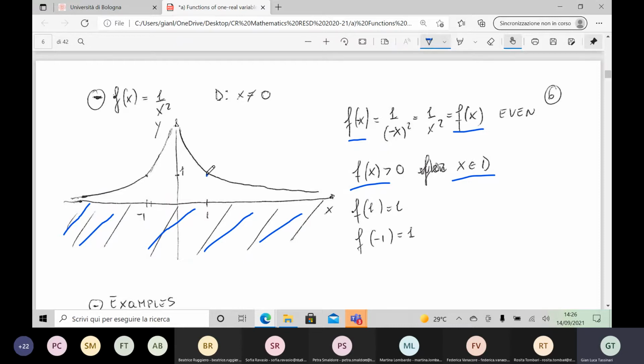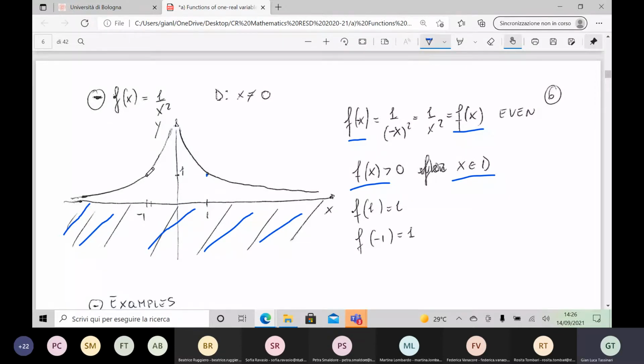Since this function is symmetric with respect to the vertical axis, when x is equal to minus 1, which is the symmetric of this point, which is the value of f of x? It should be 1. In fact, if you compute f of minus 1, that is f when x is equal to minus 1, f of minus 1 is 1 over (minus 1) to the power 2, which is equal to 1. So it passes through this point.